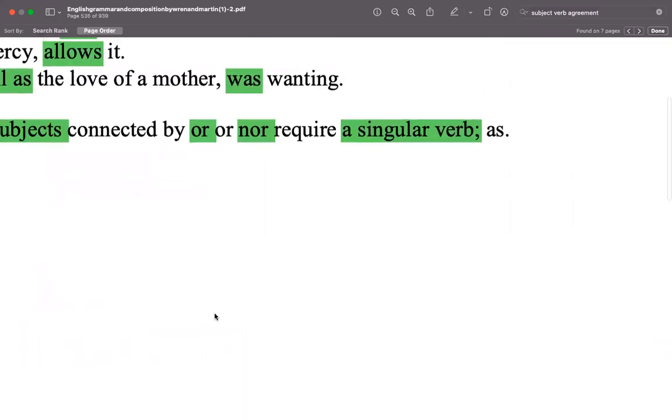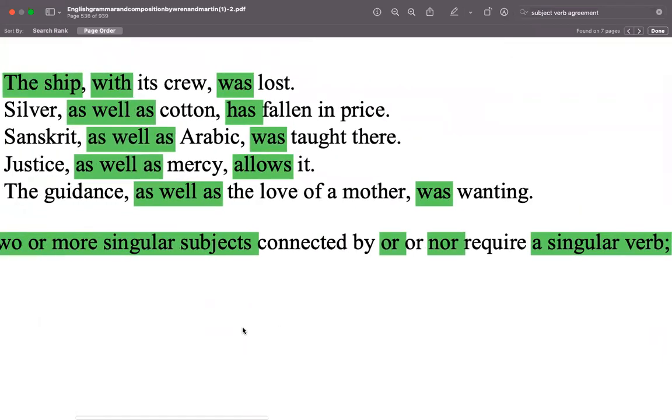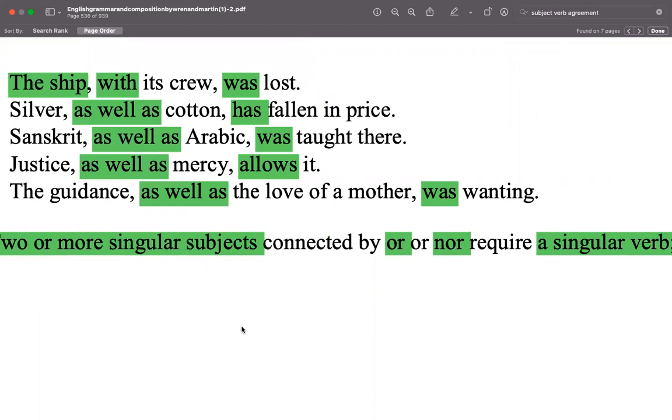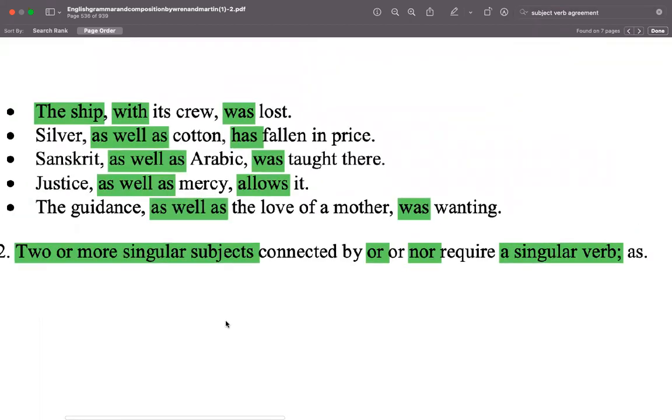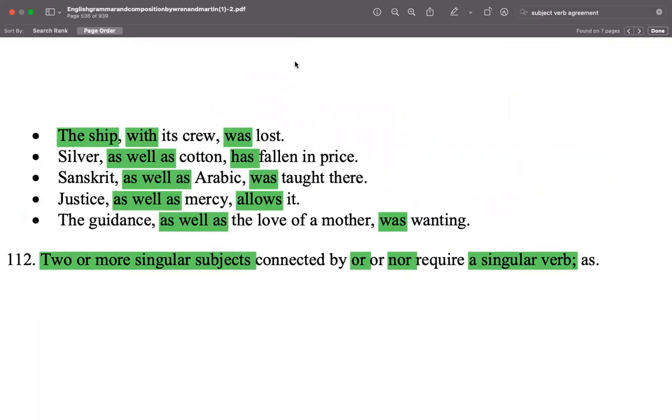Next, look into this, more examples are given here. The ship with its crew. Two subjects are there and both have been joined with with. So the verb will follow the first one.